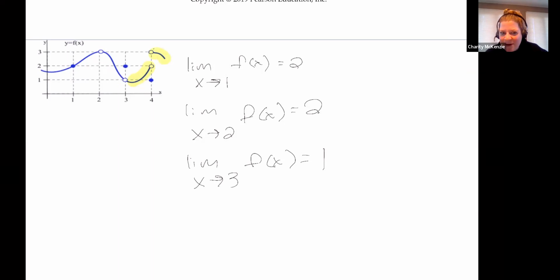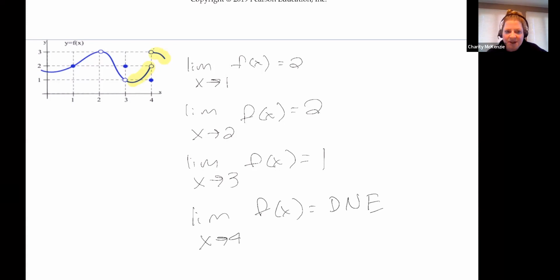Am I headed to the same number? No. This means the limit doesn't exist. You're not going to the same number. There's a break in the graph. We aren't the same on one side as we are on the other. So if we were to write this one out, the limit as x approaches 4 of this function, we usually write does not exist.